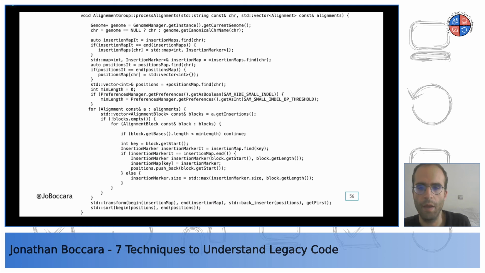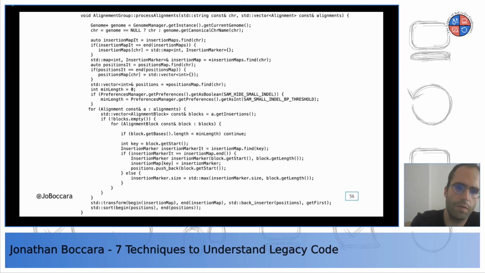So positions really sounds like something important, and insertion map as well. And indeed, if we have a quick look at the line before, we can see positions and insertion map or insertion something appear quite often. So those must be important concepts in the function.